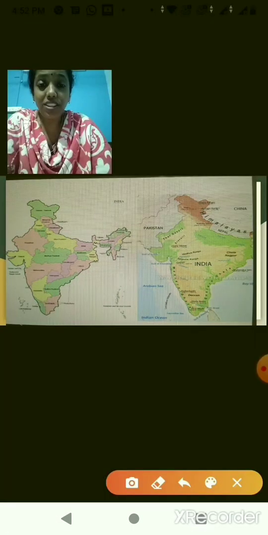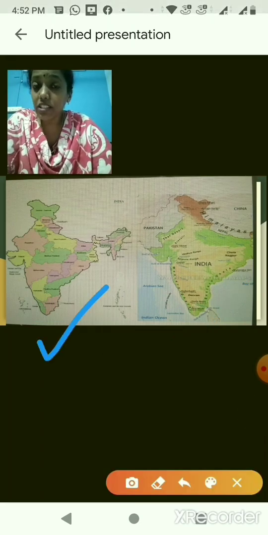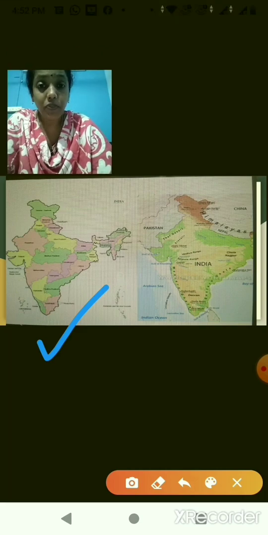So here we have two different maps. Children, this is a map of India. But they are differing, isn't it? Why? Because this map is a political map, whereas this map is a physical map. This political map tells us only about the boundaries of the country as well as the boundaries of the states.